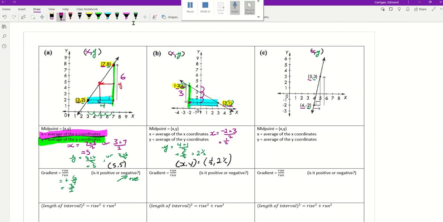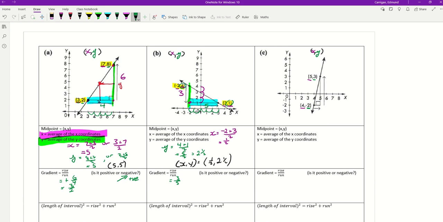Going across the other way, I want to see how far it is. I've got 1, 2, 3, 4, 5 across from -2 to 3. So this value here is 5. So my gradient is equal to 3 on 5.